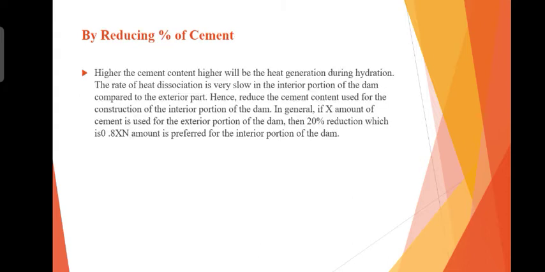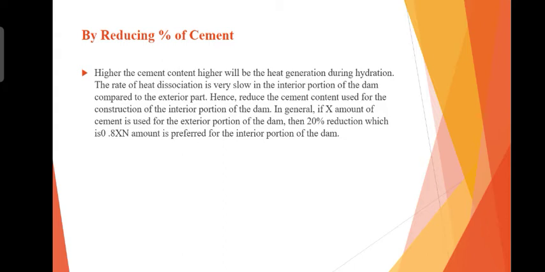Next, reducing the percentage of cement. When we increase the percentage of cement, more hydration occurs. The higher the cement content, the higher the heat generation and hydration. The rate of heat dissipation is very slow in the interior portion of the dam compared to the exterior part, because the exterior part is exposed and loses heat easily, but the internal part does not.